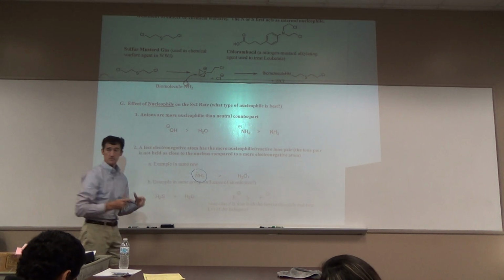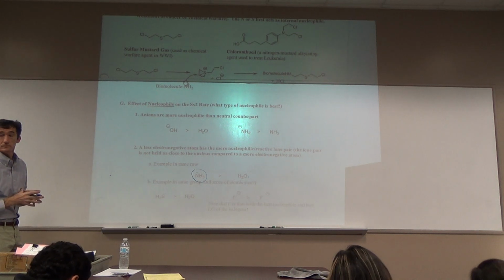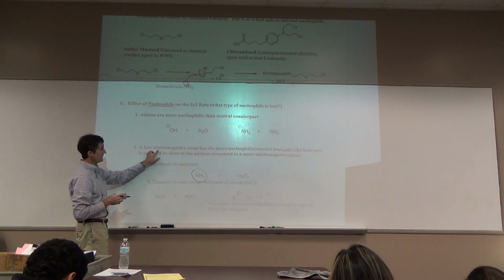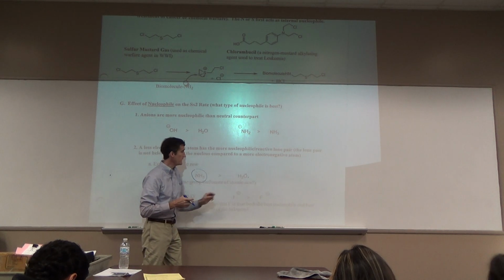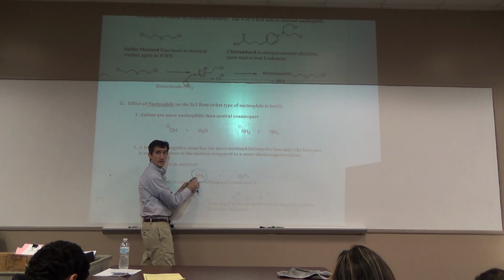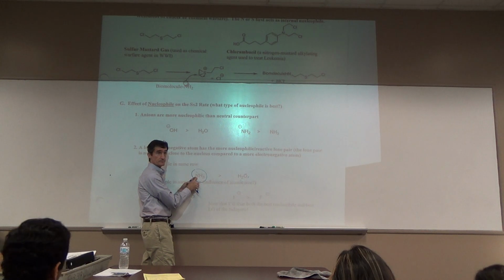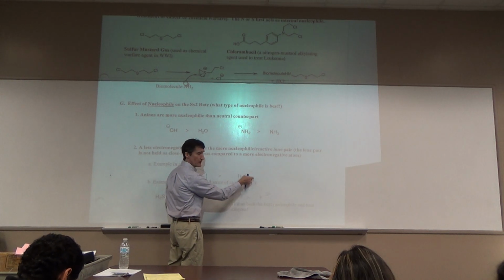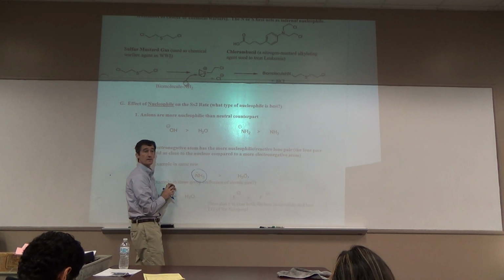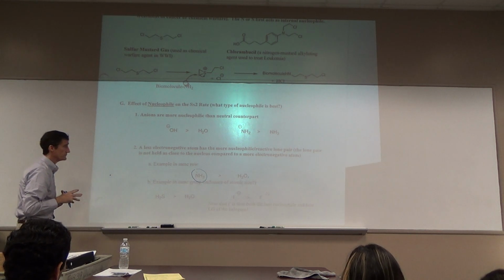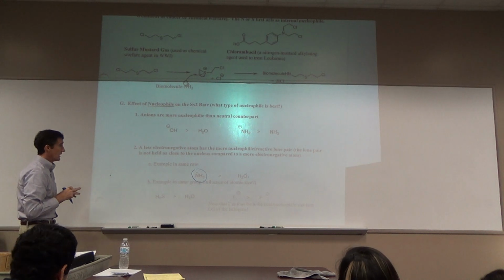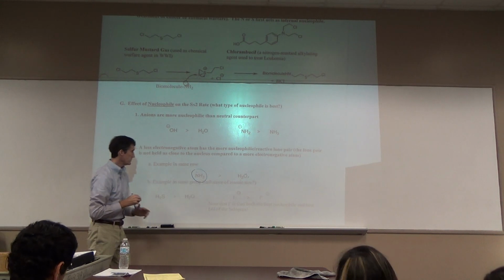Yes, ammonia, because a less electronegative atom has the more reactive lone pair. Nitrogen is less electronegative. Oxygen holds the lone pairs tighter. It's the same as when we discussed base strength. So that's an example in the same row.